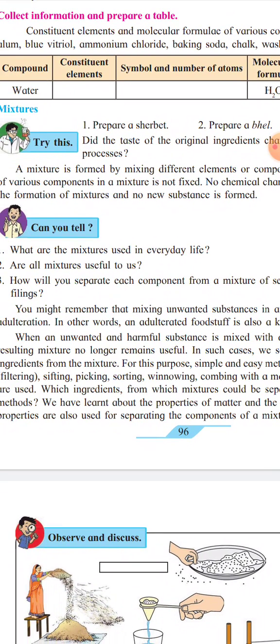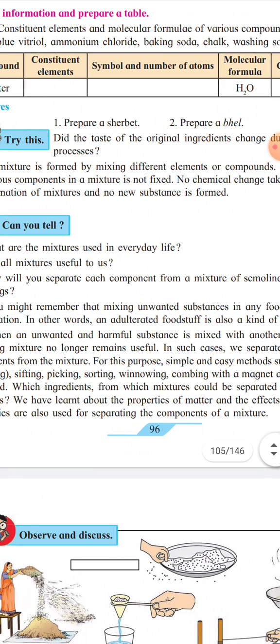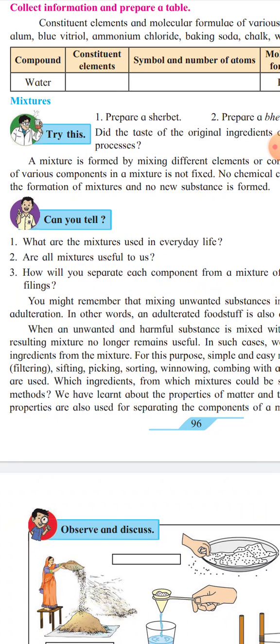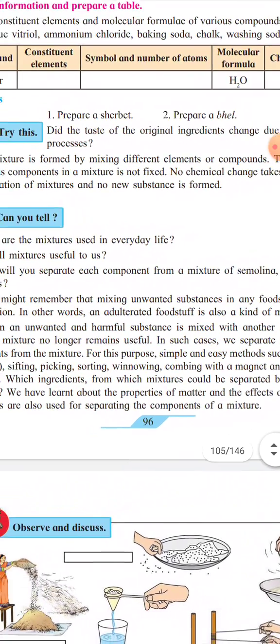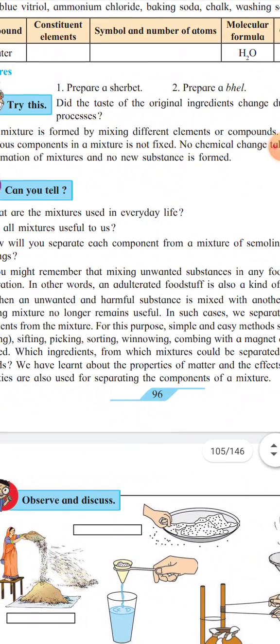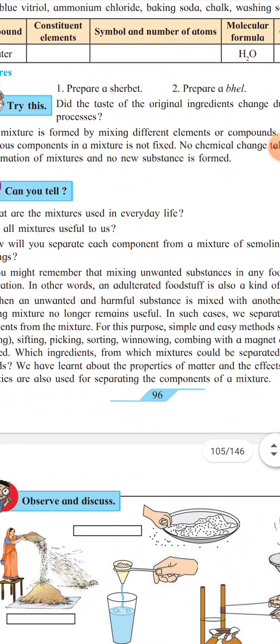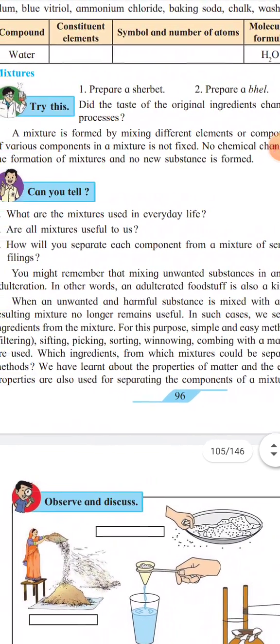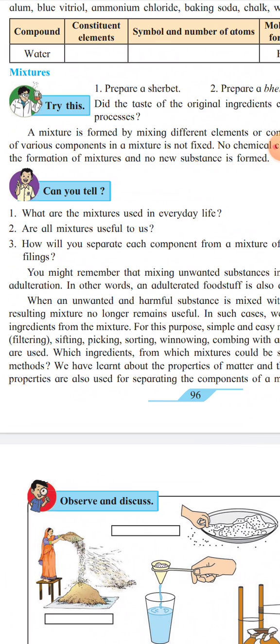Now, you might remember, mixing unwanted substances in any foodstuff is called adulteration. We learned this previously. In other words, adulterated food is also a kind of mixture. When an unwanted harmful substance is mixed with another substance, the resulting mixture no longer remains useful, so we have to separate the unwanted ingredients from the mixture.